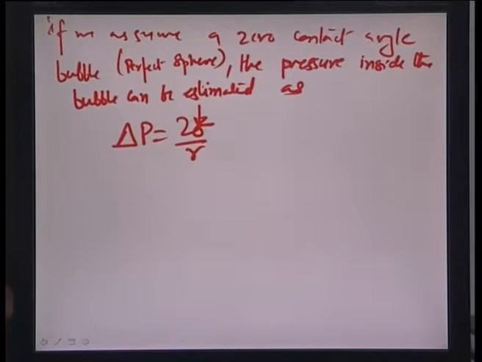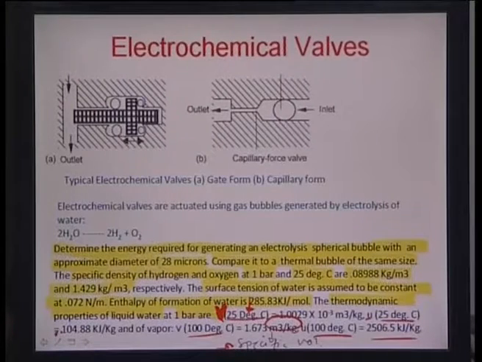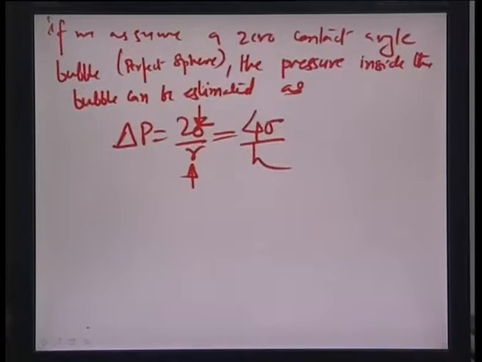Sigma is the surface tension and r is the radius of curvature of the bubble. In this case it is a sphere, so r is essentially the diameter by 2. As we know from the example, the diameter of the bubble is approximately 28 microns, which makes the radius about 14 microns.